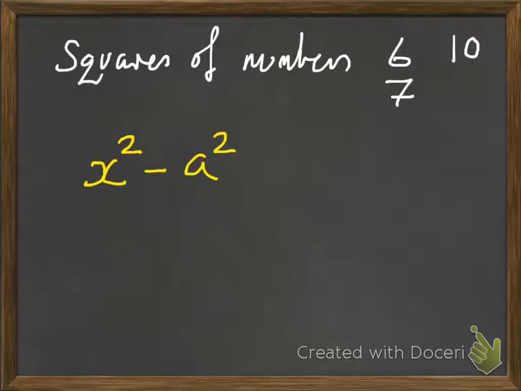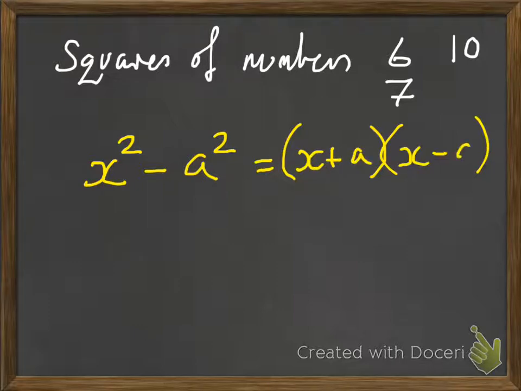And you need to know the general formula, x squared minus a squared, which gives you, factorising straight away, x plus a, x minus a.